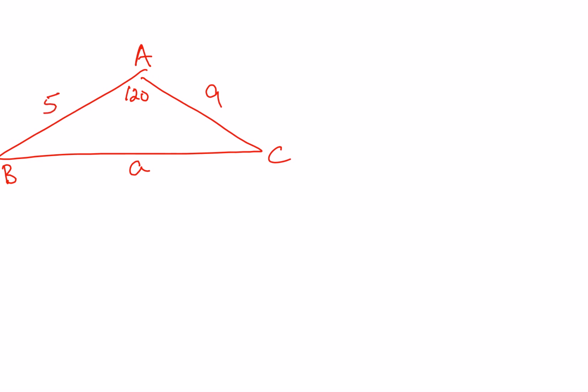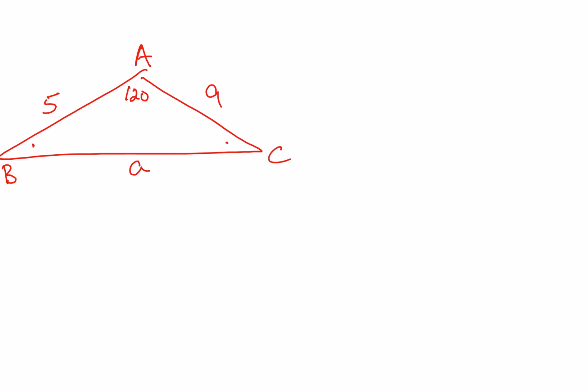And this is 5. Notice there's not enough information here. Well, actually, it's not so much not enough information. We just can't use trigonometry or the Pythagorean theorem because it's not a right triangle. There's not enough information to use law of sines. For law of sines, I would need to know one of these two angles, B or C. So this is a case where I'm going to use law of cosines.